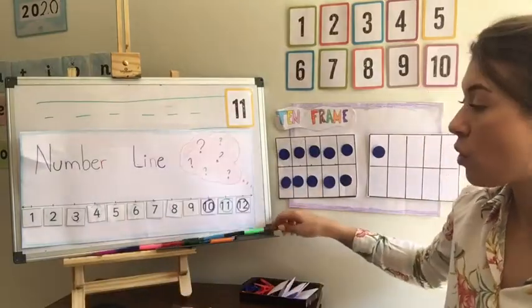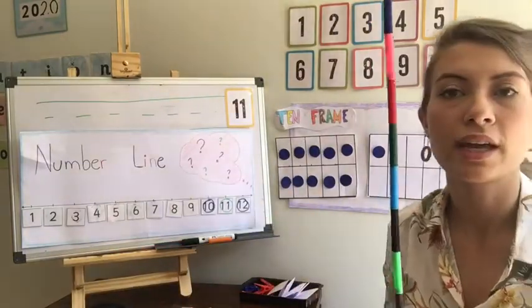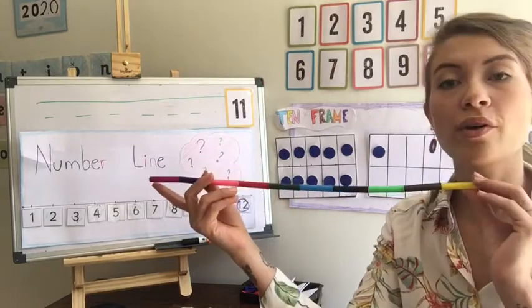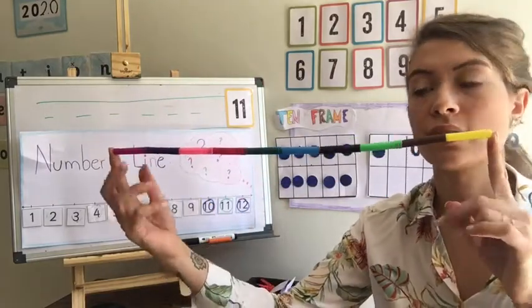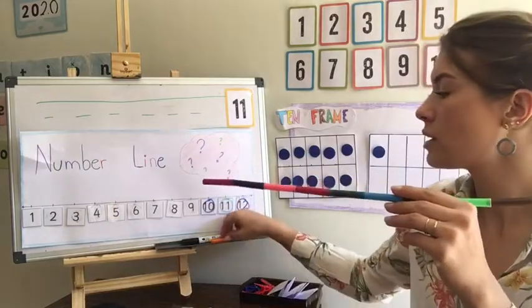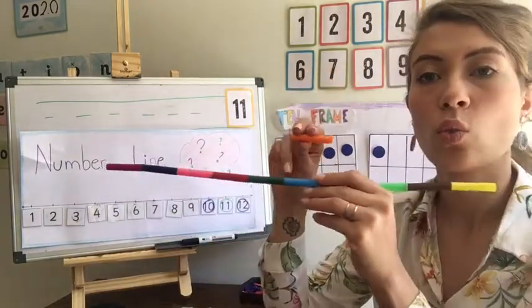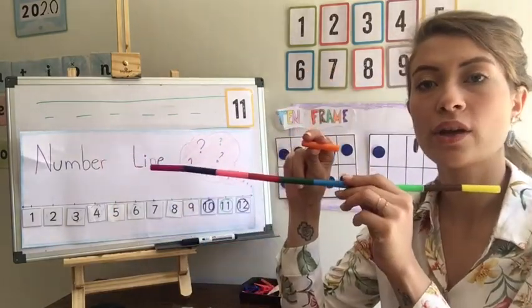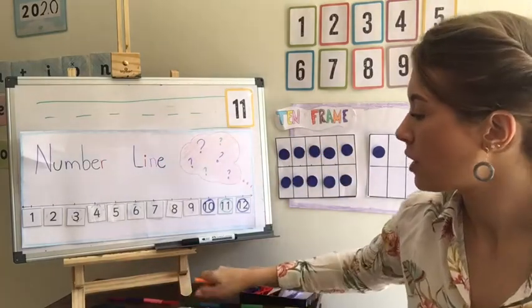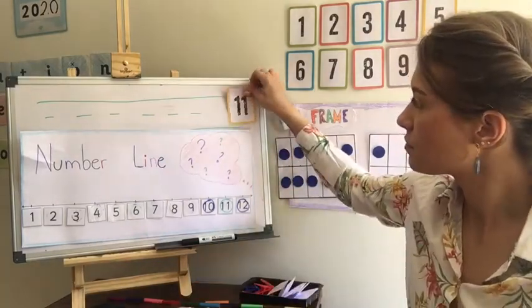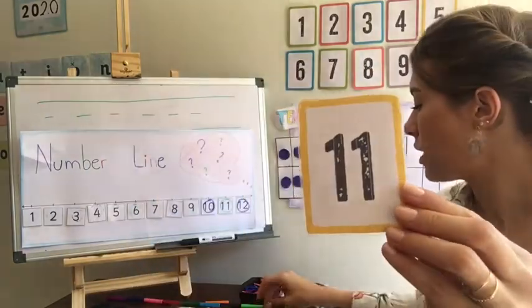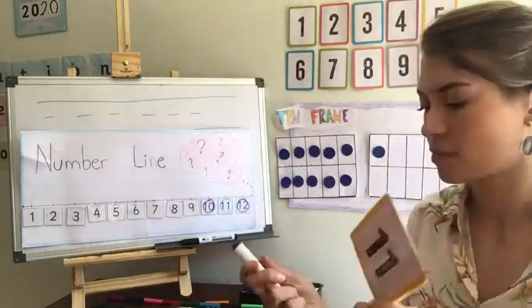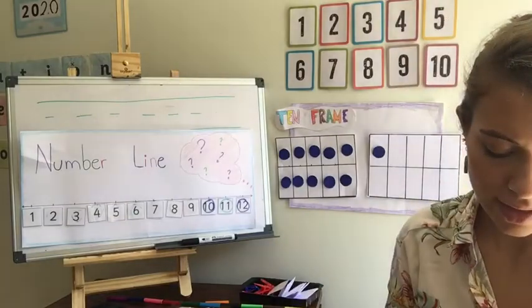And you know now the number 11 is one group of tens, as I have here, this is my group of tens, and one unit. One group of tens and one unit. The number 11 can be written like this.